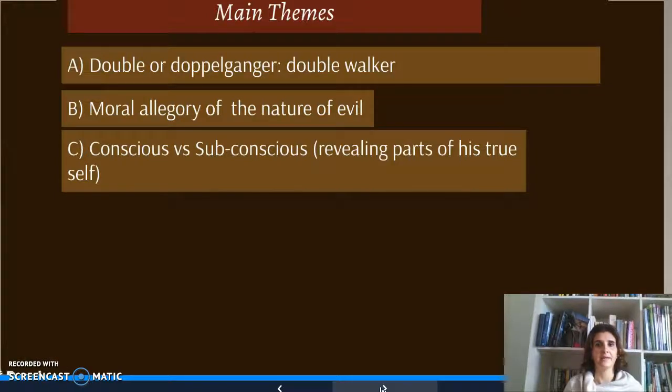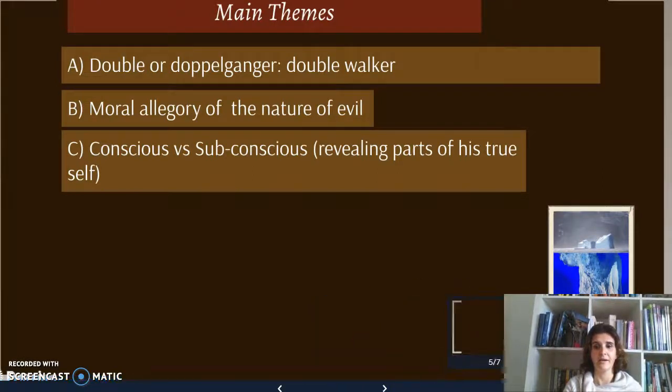Another theme is the struggle between conscious and subconscious. Sometimes the subconscious may reveal parts of your true self, something that your conscious part does not know.